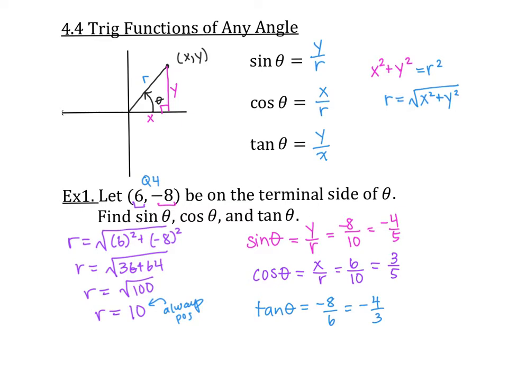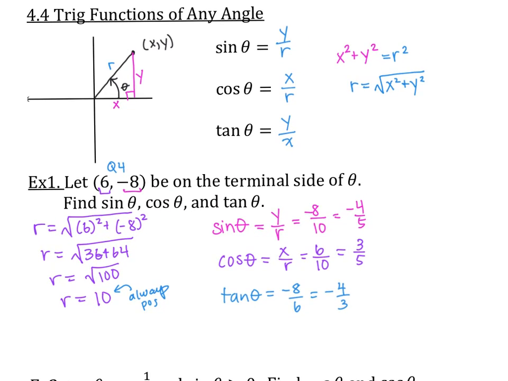If you're wondering what this looks like if I were to draw a picture, because I could also draw a triangle for this. If I just estimate about where (6, -8) is, it's somewhere down here. And if I wanted to draw a picture, I would draw a right triangle going like this. The x distance is 6. The y distance is, well, it's 8, but we were going to put negative 8.